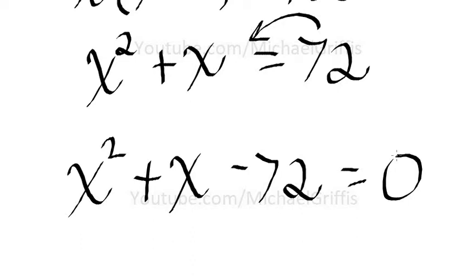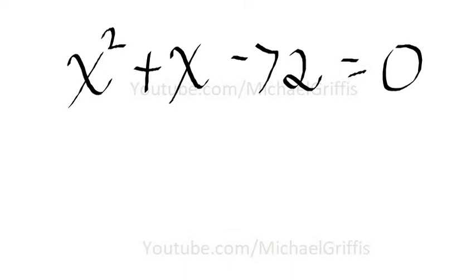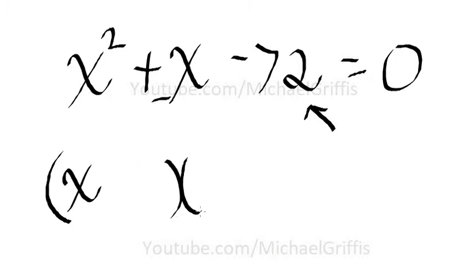Now it's in the standard form. We need two numbers to multiply together that's going to give us the 72, and when we add them, we're going to get this coefficient out here which has a coefficient of 1 that's in front of the x. So two numbers multiply together, and then we take their difference, we're going to get 72. So let's look at 8 and 9. So we'll just go ahead and write it out. All right, we're going to write out what we know here.